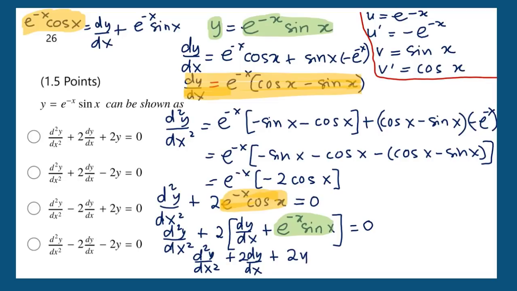So you will have this equals to 0. So this is your final answer for this question: d2y/dx squared plus 2 dy/dx plus 2y equals 0. Okay, this is the answer here.